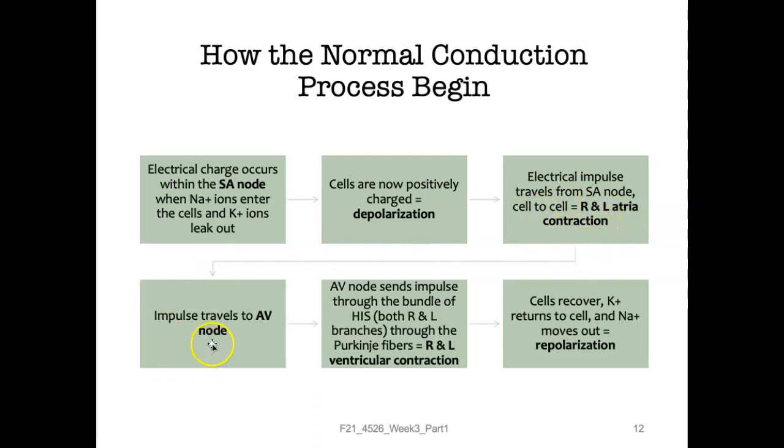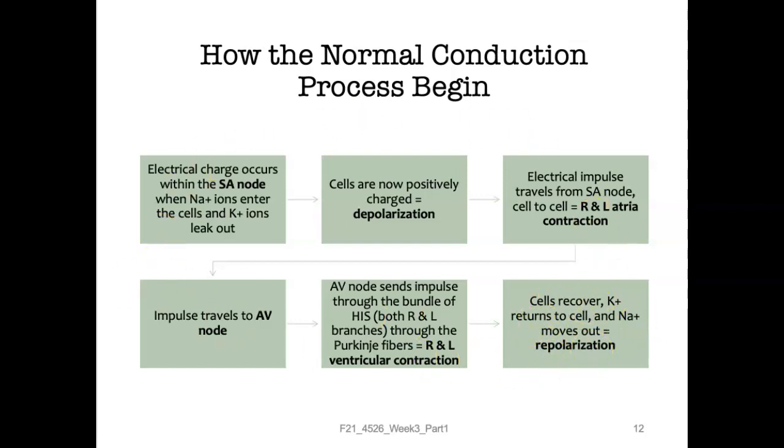Then the impulse travels to the AV node. The AV node sends an impulse through the bundle of His, both right and left branches of the bundle branches, through the Purkinje fibers, and then you have a right and left ventricular contraction. The cells recover, potassium returns to the cell, sodium moves out, and you have repolarization.